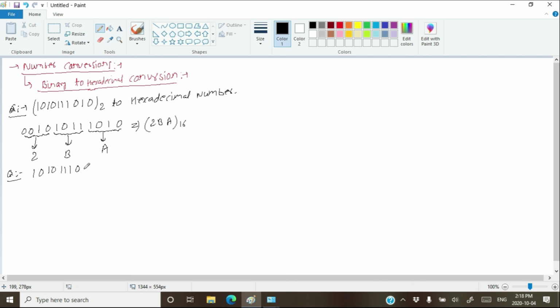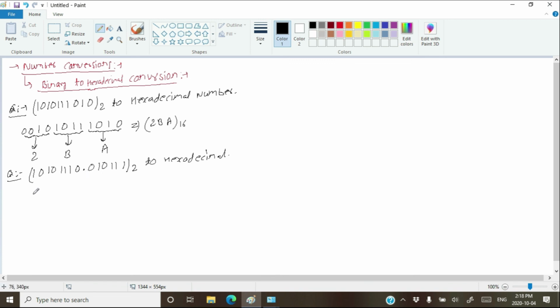The second question you have is to convert 10101110.010111 in binary to hexadecimal. So this is the fractional number in binary which we have to convert into hexadecimal.